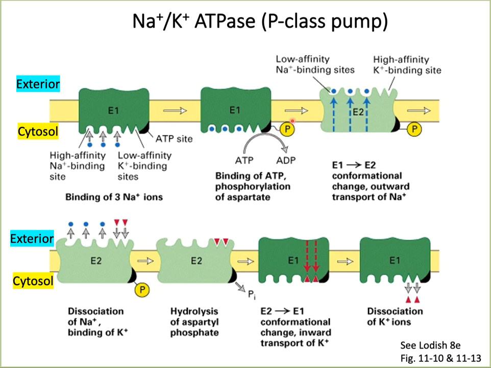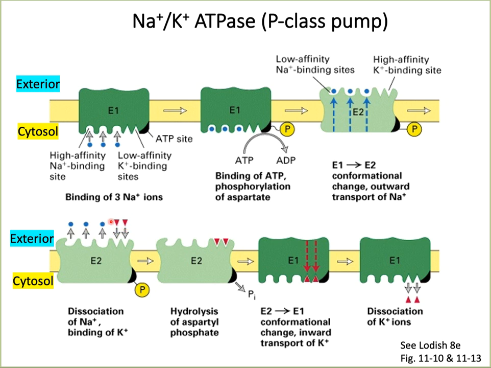When this occurs, there is a conformational change, so all 5 binding sites end up on the outside of the cell. This is the E2 conformation. The E2 conformation is characterized by 3 low-affinity sodium binding sites on the outside of the cell and 2 high-affinity potassium binding sites on the outside of the cell.